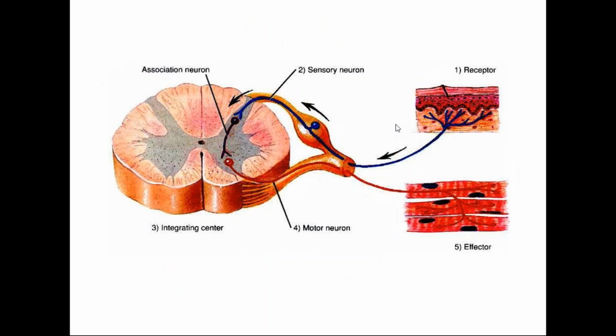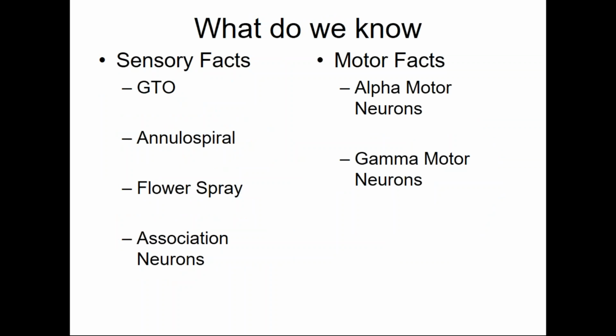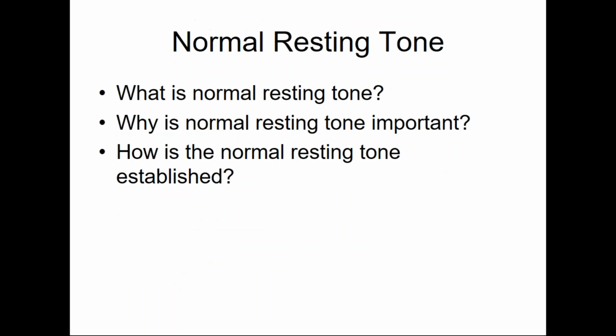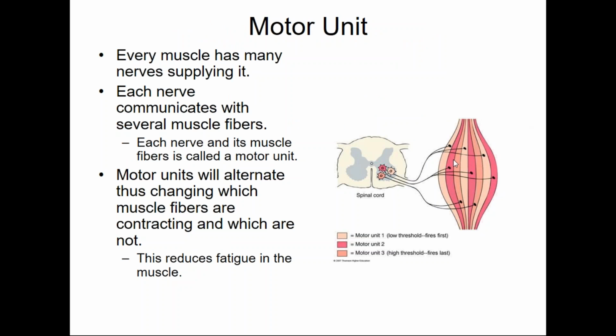Do you have any questions about tone and motor units at all? Looks like I'm the only one having questions. Anyway, my question is, can muscle fibers be serviced by multiple neurons?